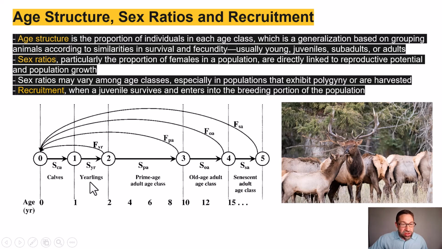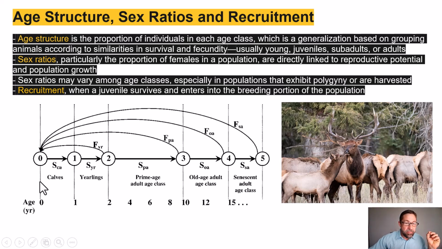And an age class is just a generalized grouping of individuals based on their ages according to similarities in their survival and or fecundity. So regardless of mammalian species, age classes are usually going to look like neonates, newborn, juveniles, sometimes subadults, adults, maybe prime-aged adults, maybe senescent adults.